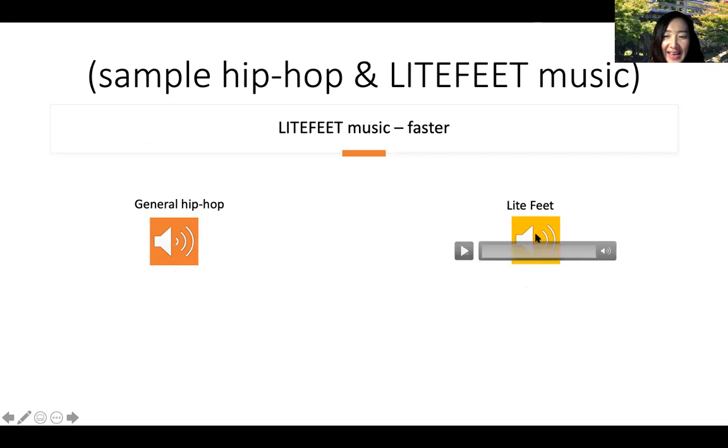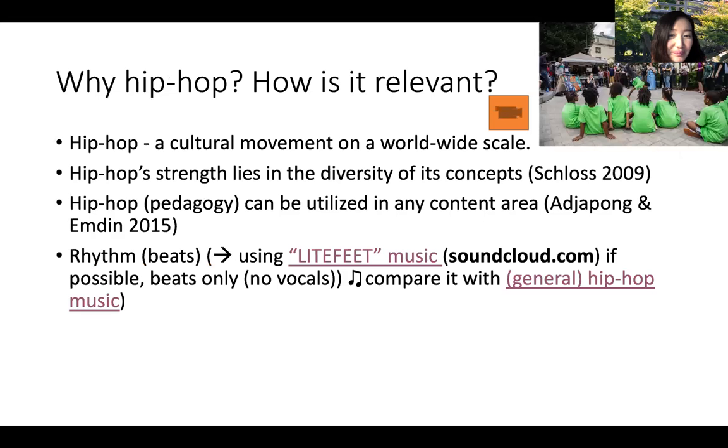Right, and then the light feet music. You see, a little faster. Okay, and when you use light feet music, as I said, dancers are creating music beats.